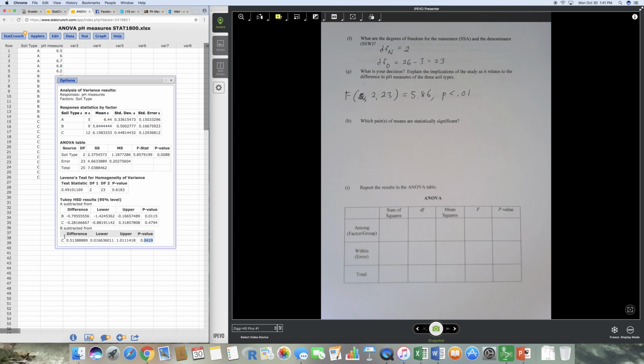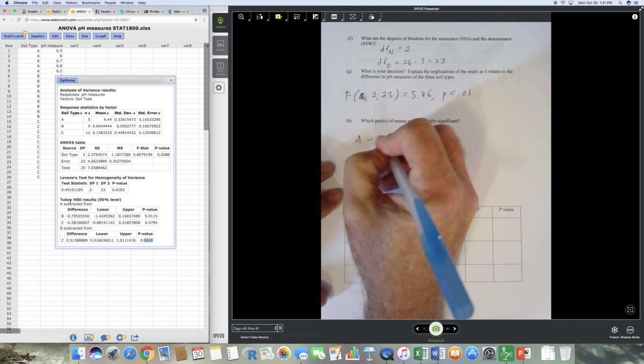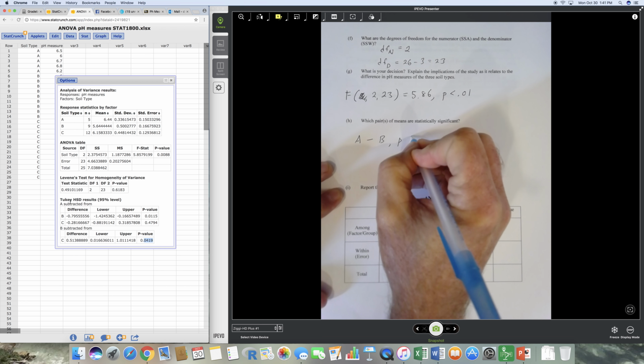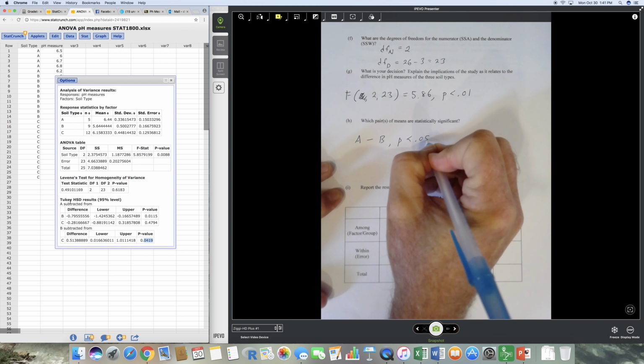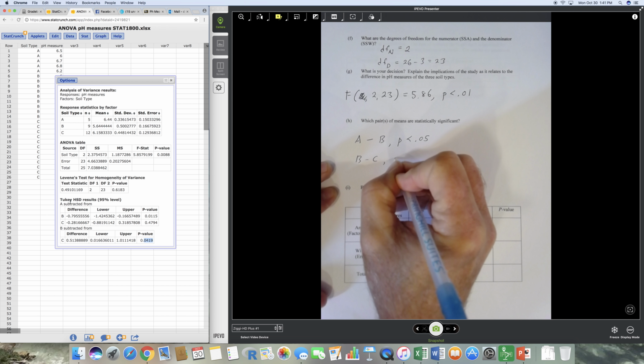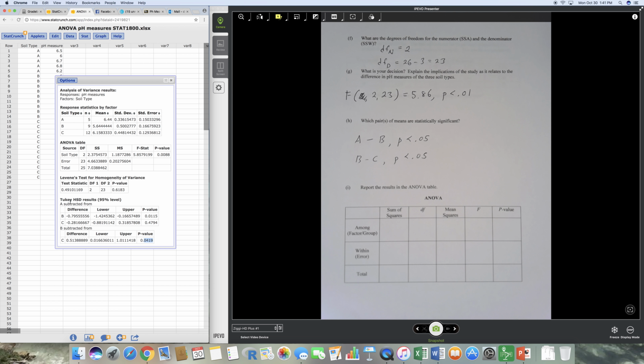So we have B and C that are significant, and A and B are significant. So A and B, the p-value is less than 0.05, and B and C, our p-value is also reported as less than 0.05.